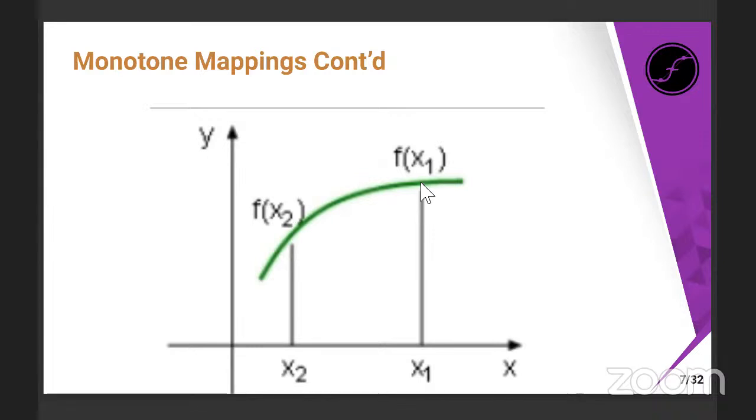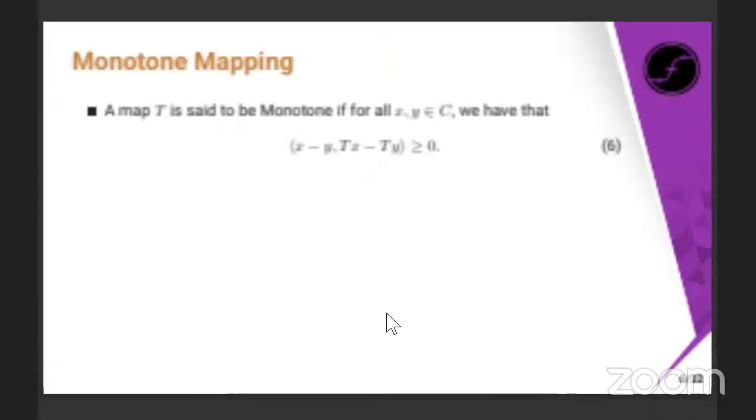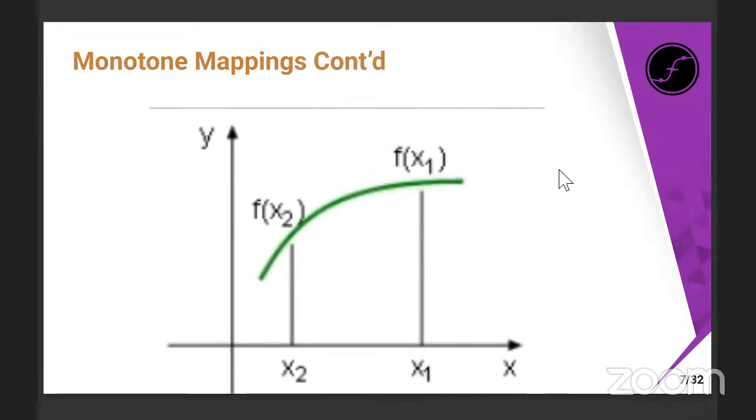The image of the function at x1 is greater than or equal to the image of the function at x2. So when we compute the difference between these images, what we will get is a non-negative number. And here also the differences will give us a non-negative number. So the inner product will satisfy this inequality.